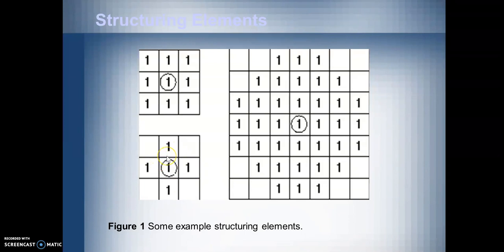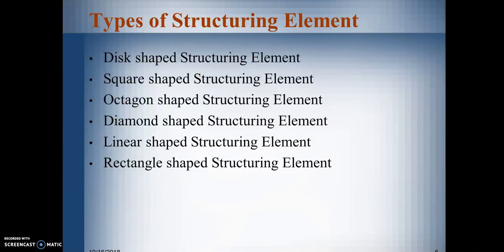The shape of this structuring element is preserved by defining the values of the particular area by ones. And here you can see another structuring element. It is also a diamond shaped structuring element, but the size is very large.